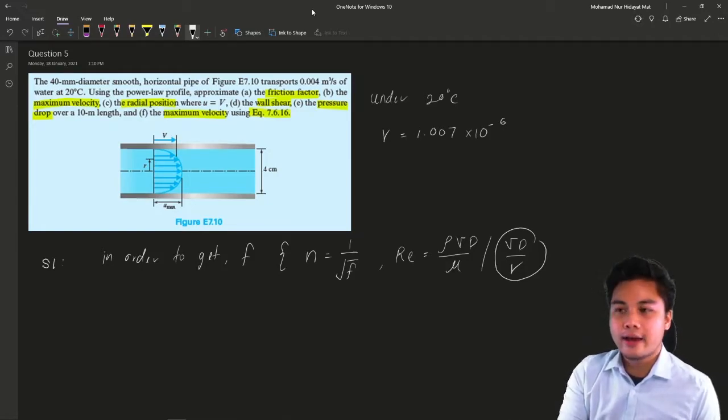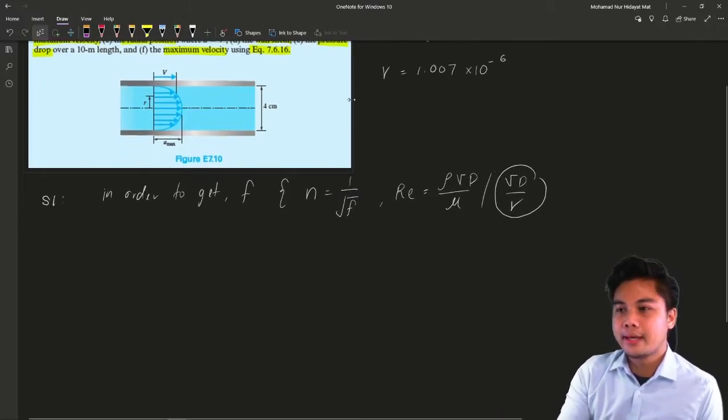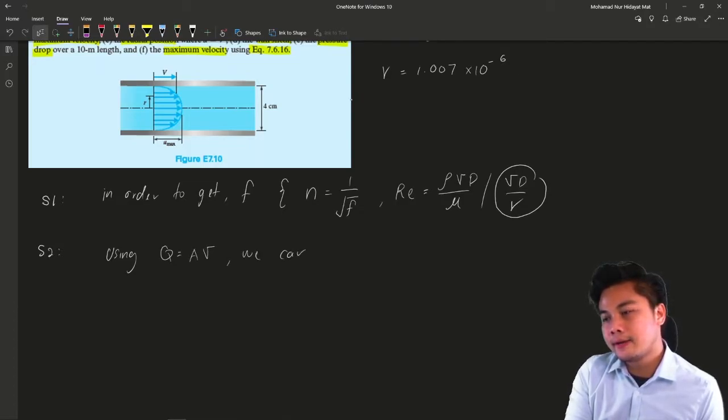So in order to get the average velocity, we use the continuity equation, because the flow rate is given as 0.004. Step number 2: using Q equal to A V, we can get the average velocity.